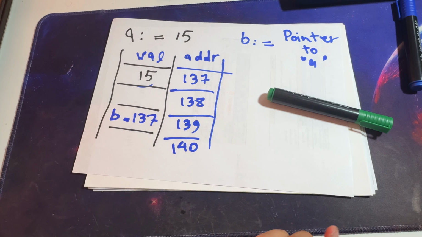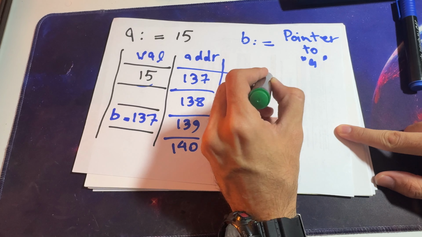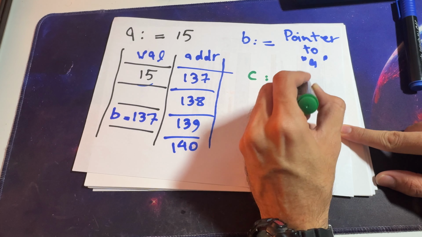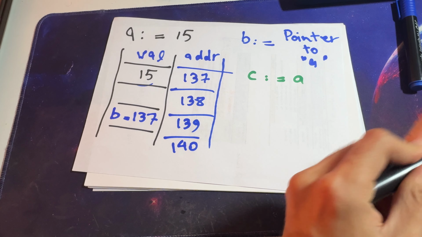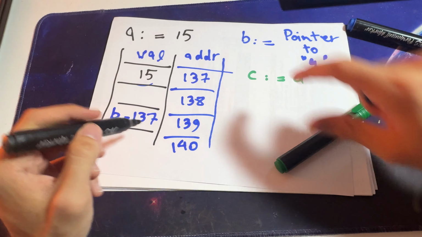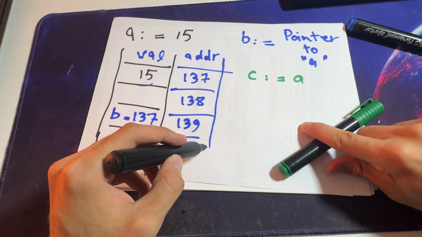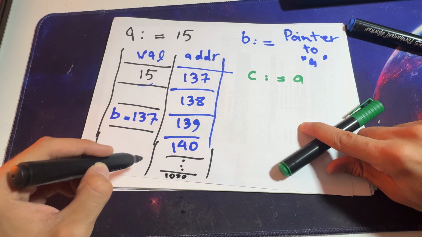So let's get back to our example. Consider variable, for example, c, which is equal to a. Now what happens in the memory? In one other random place, for example, consider this is the room 1000.